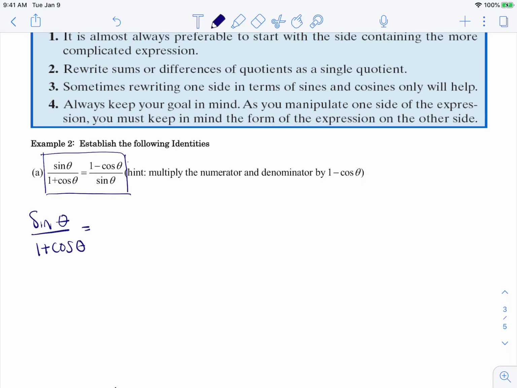So don't think you can cross multiply this thing. You can't multiply both sides by something. You have to pick a side and you have to keep messing with it until you can get out the other side.